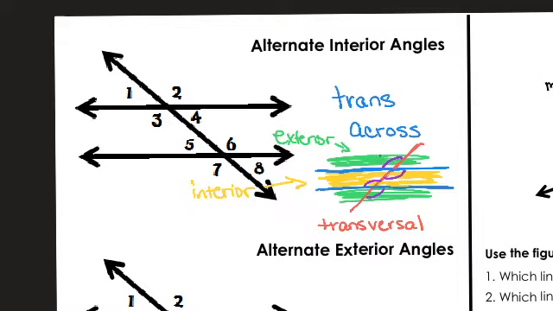So if this measurement was 138 degrees, then I would know that this measurement is 138 degrees because vertical angles. And this measurement has 138 degrees. And this measurement has 138 degrees. So we're going to study why that is. And then if that's 138 degrees, what's on the flip side of that?